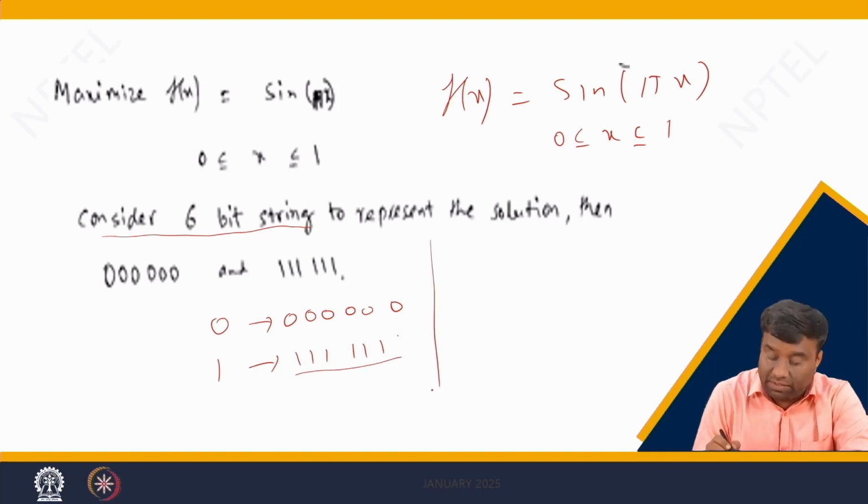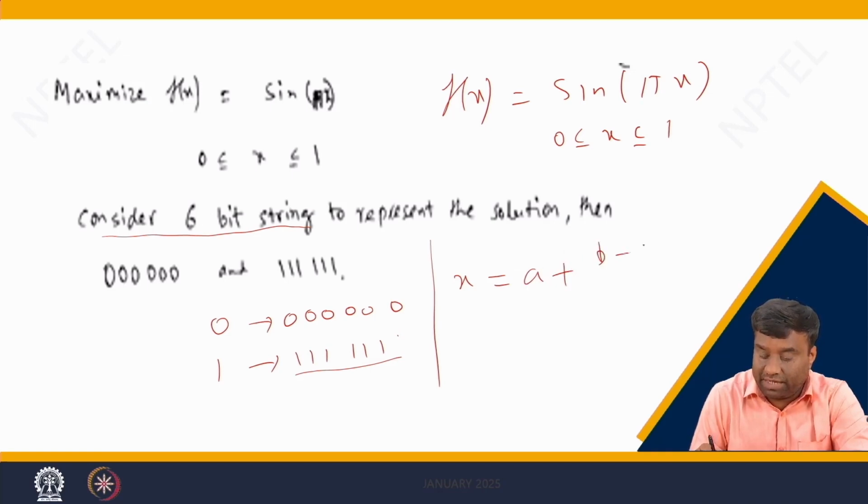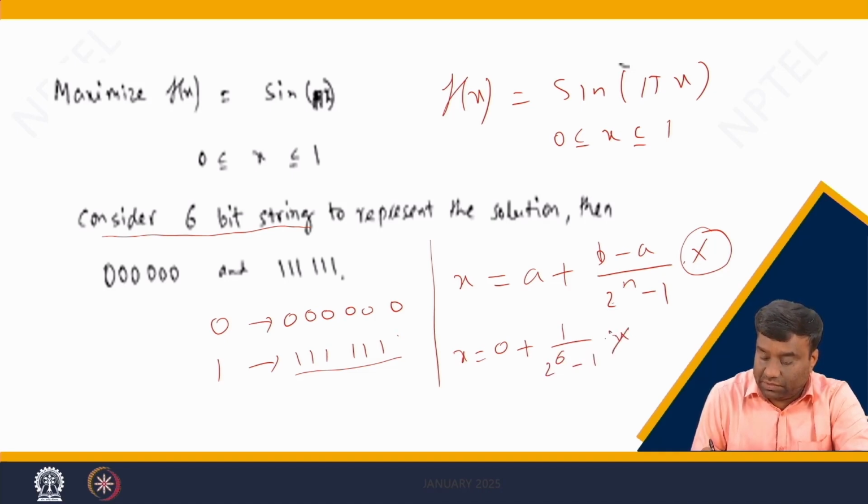We know the formula: decimal equivalent x equals a plus (b minus a) by (2 to the power n minus 1) into the equivalent value in binary. So here x can be written as 0 plus 1 by 2 to the power 6, 64 minus 1, 63. So that can be written as x by 63, whatever value we have.